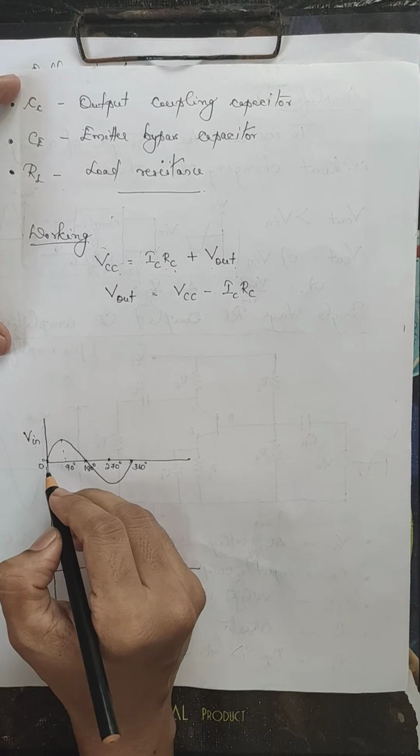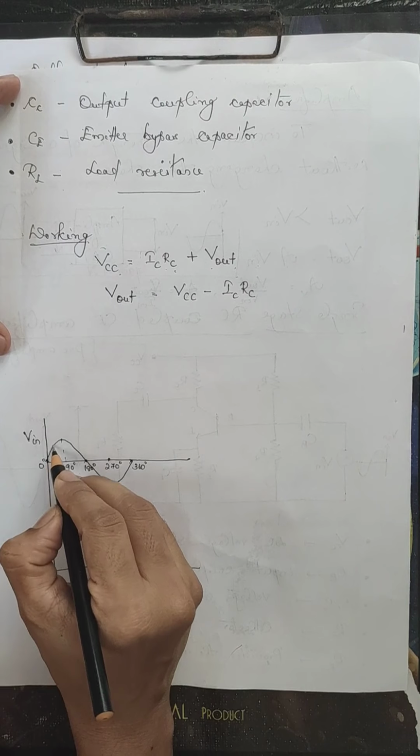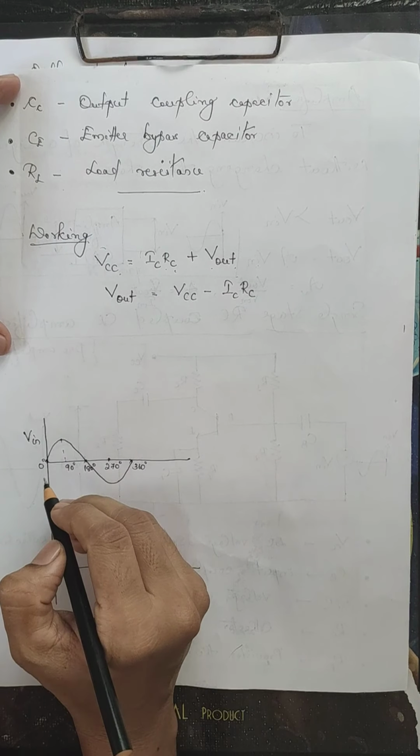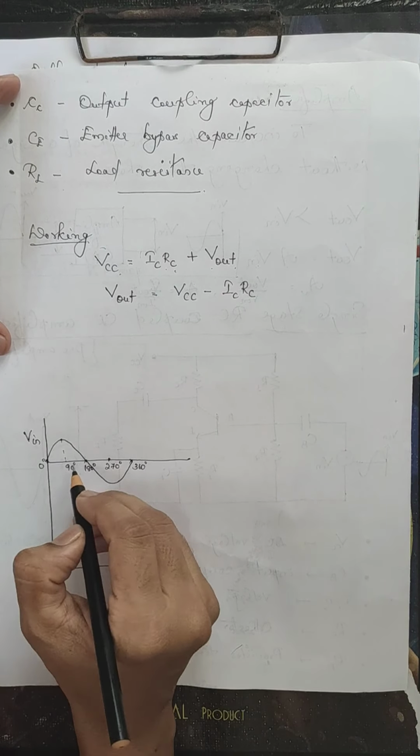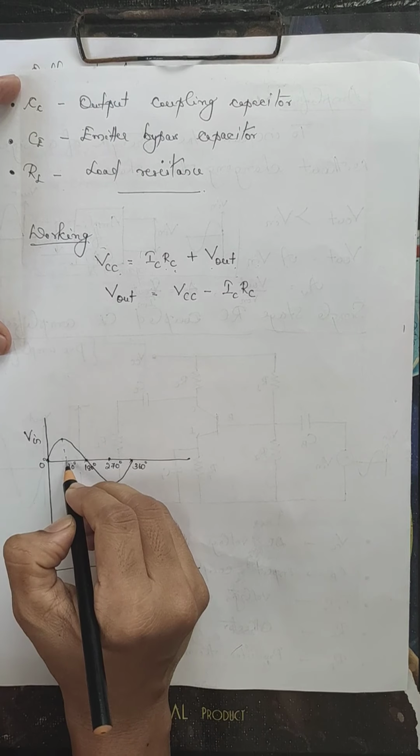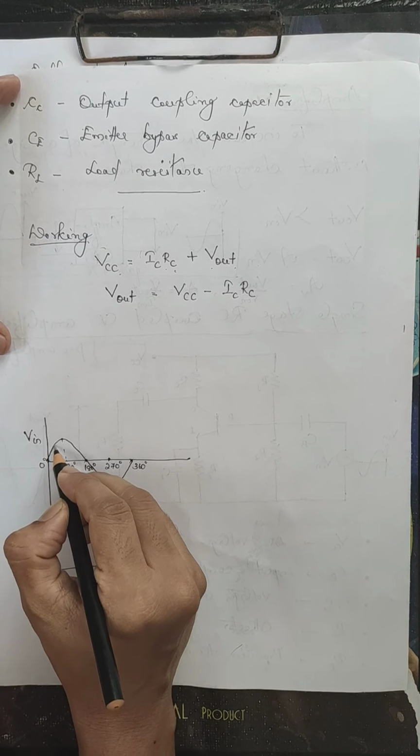So now assume the input voltage is increasing. So consider the positive half cycle of input voltage from 0 to 90 degree. So here the input voltage is increasing.